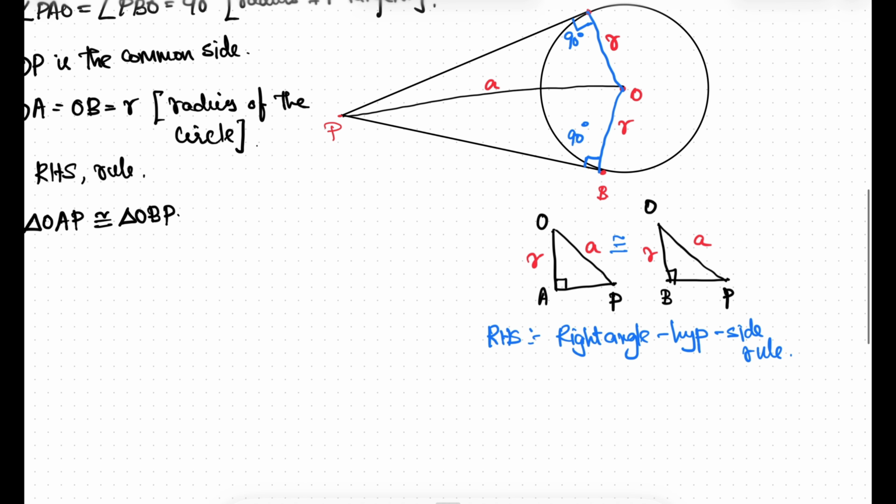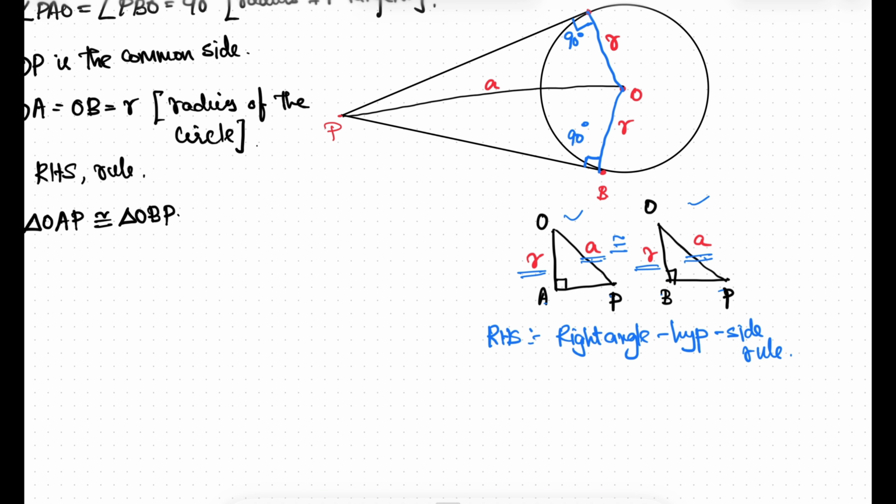So when two triangles are right angled, and if their hypotenuses are equal, see here the hypotenuse is A, here the hypotenuse is A as well, and if one of their corresponding sides is equal, see here it is R, here it is also R, then AP will be equal to BP. Meaning if all three corresponding sides are equal, then both the triangles can be called congruent.